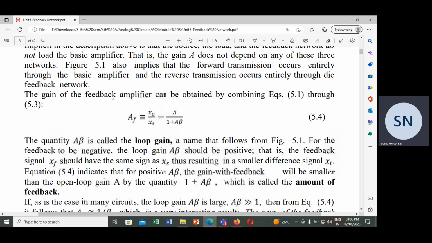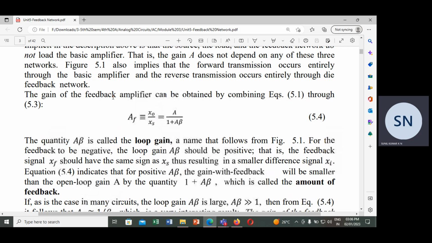So what is x naught? X naught will be equal to A times xi. Xf will be equal to beta times x naught. Xi is equal to xs minus xf. So now we need to find the feedback gain AF.